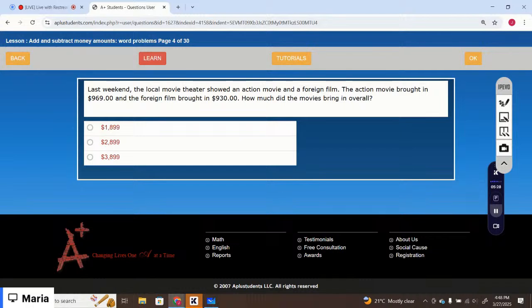Last weekend, the local movie theater showed an action movie and a foreign film. The action movie brought in $909 and the foreign film brought $930. How much did the movies bring in overall? So which is the correct option?